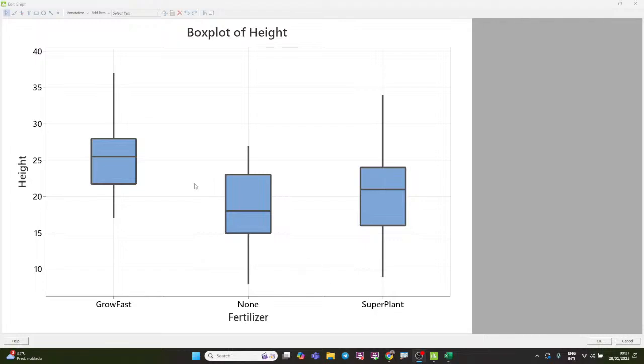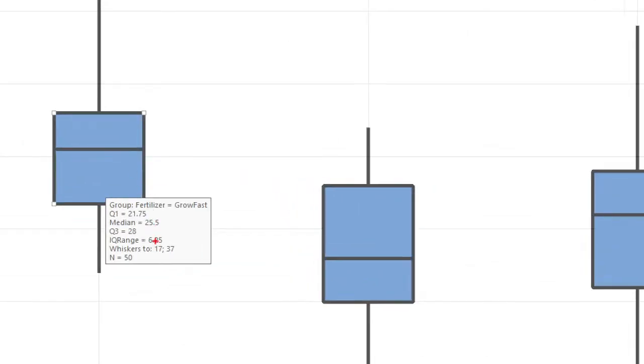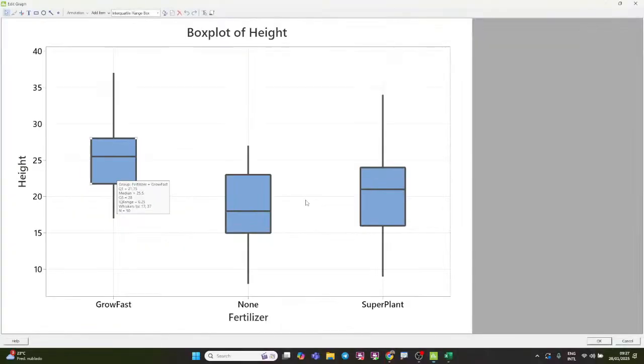Grow fast has a median around 25, let's say. And super plant has a median of 21. So once again, we are talking about 25.5. Take a look, 25.5. And here the median, this line here, is 21.